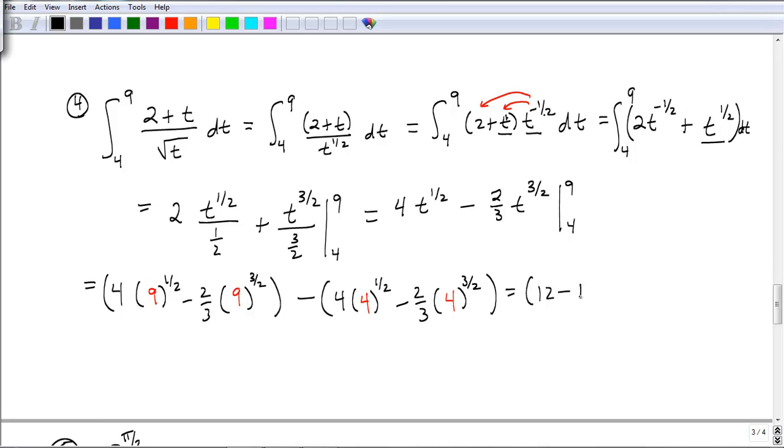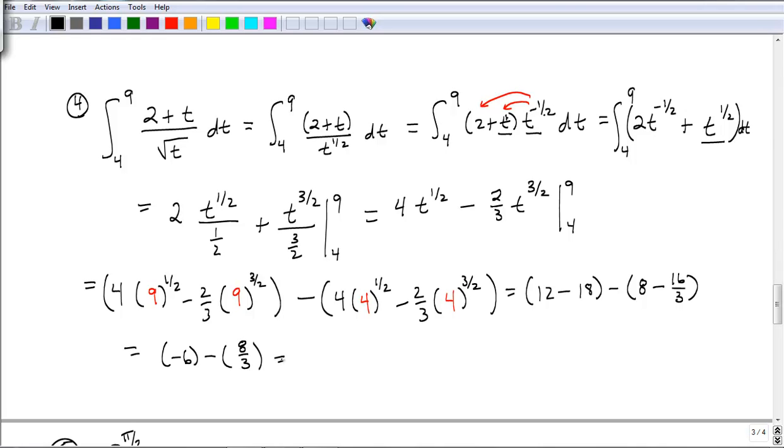So this is 12 minus 18, minus, that's 4 times 2, which is 8, minus 4 to the 3/2 is 8, times 2/3 gives me 16/3. And so I get negative 6 minus 8 minus 16/3, 8/3.